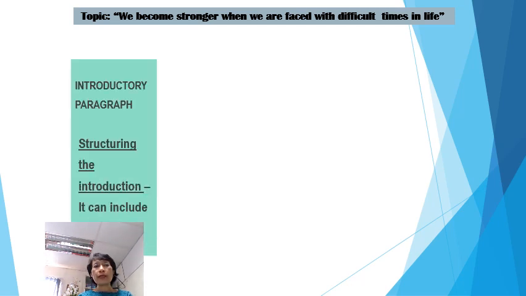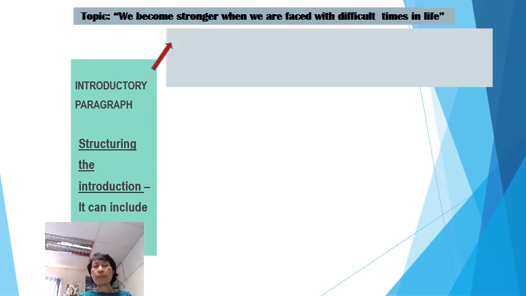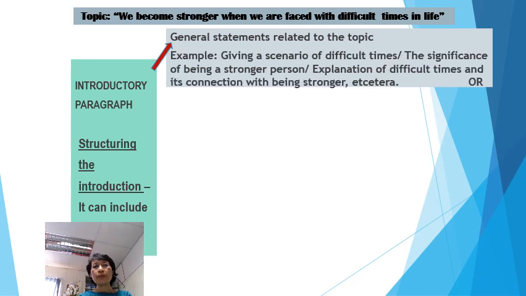All right. The first method, perhaps, you can go by a general statement or general statements related to the topic. In this case, you can give the scenario of difficult times, and the significance of being a stronger person.